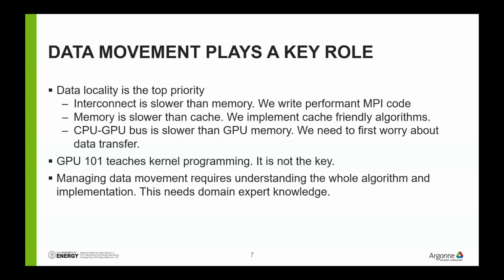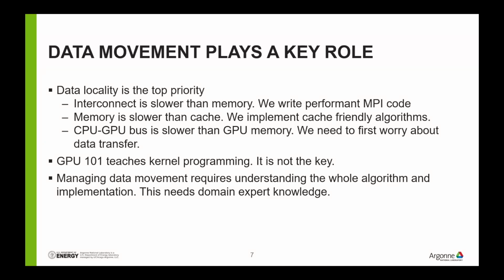Even over generations of technology improvement, this bottleneck was always slower compared to all the capabilities improved on the CPU and on the GPU. So by design, if you want your software to work for not a decade, but at least one decade, you have to think about how to handle the data movement correctly.